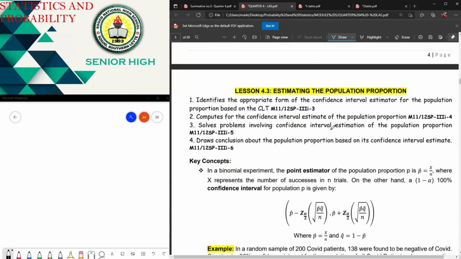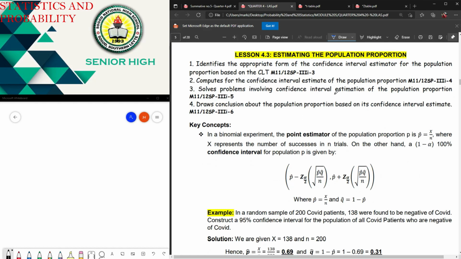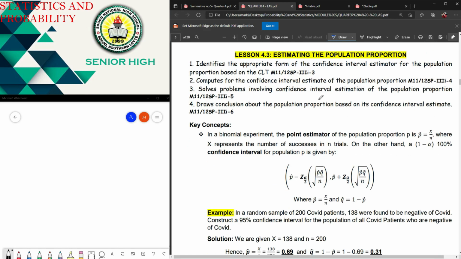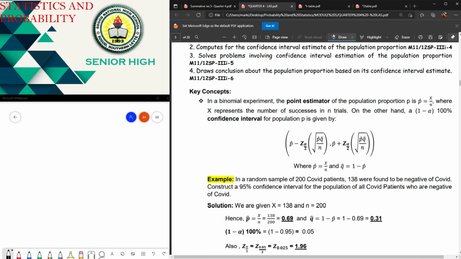Let's have estimating the population proportion. What's the difference between the population mean and population proportion? It's easier to see when you just read the question. So there's an experiment, of course, on the population, where X represents the number of successes in N trials.